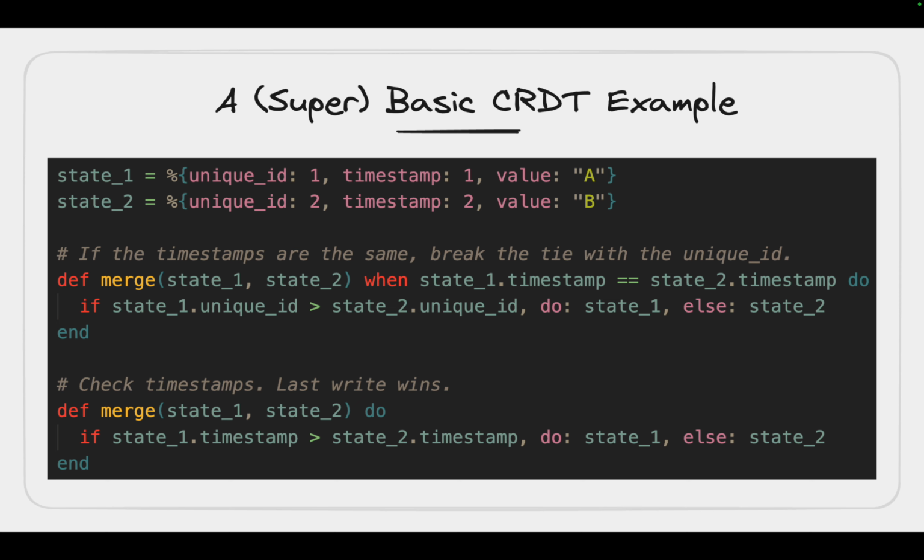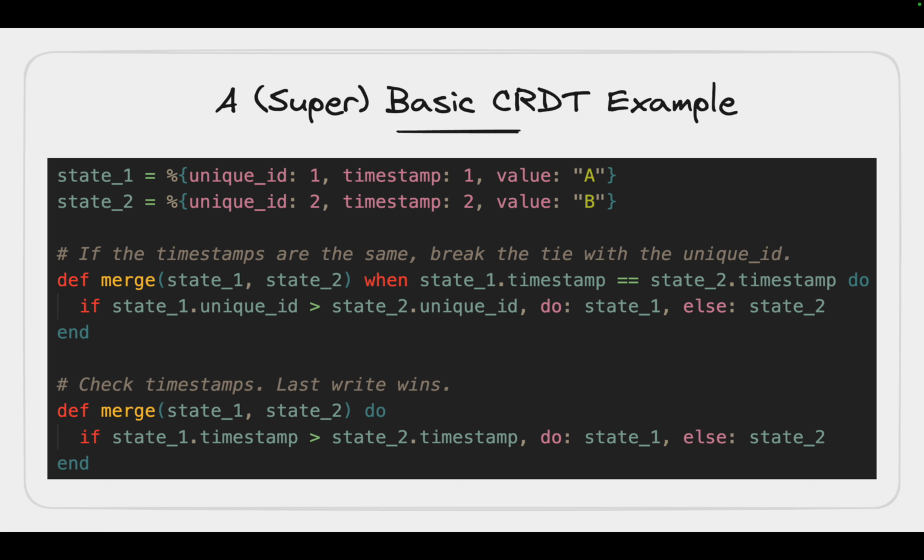One other thing to note is that, as I mentioned on my previous slide, we can merge state 1 and state 2 multiple times and in any order we want, and we're always going to get the same resulting state. In this case, state 2 is always going to win because it has the higher timestamp.